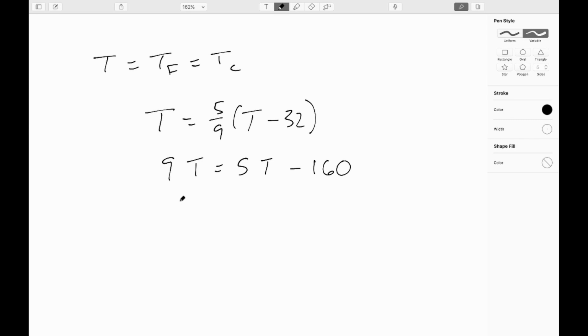Okay, subtract 5T from both sides. 4T equals negative 160. So it turns out that at negative 40, it doesn't matter if it's Fahrenheit or Celsius, it's the same temperature reading. So at exactly negative 40 degrees C, that is also negative 40 degrees F. Darn cold either way.